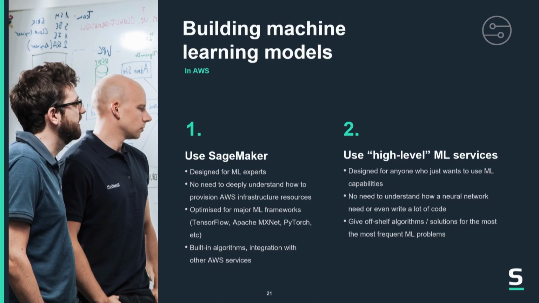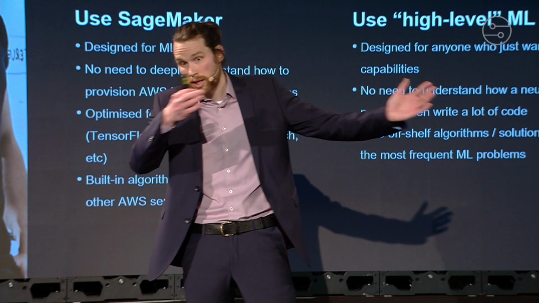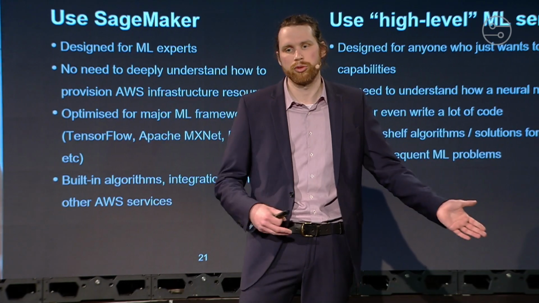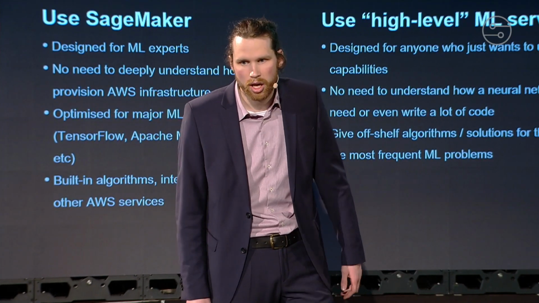SageMaker is optimized for all the major machine learning frameworks such as PyTorch, TensorFlow, Apache MXNet, and so on. And it also is very well integrated with other AWS services like Kinesis Video Streams that I mentioned before, or Amazon S3.